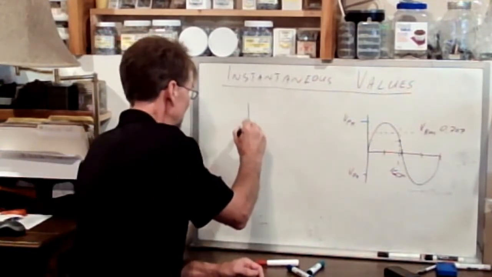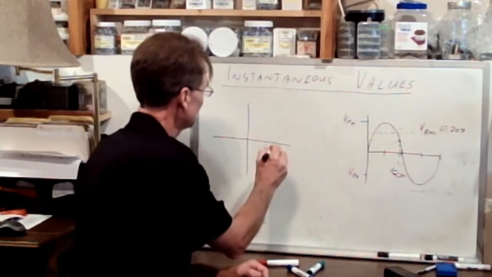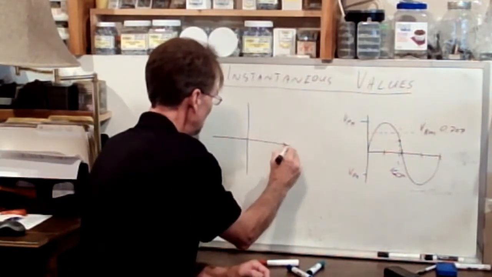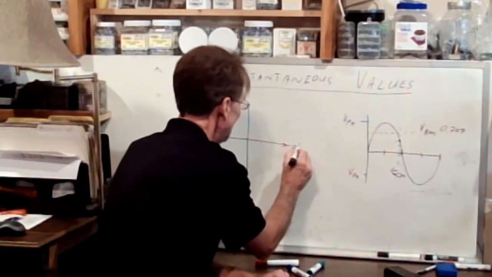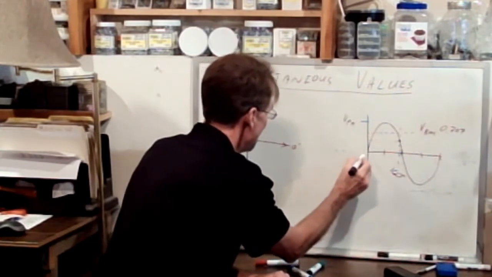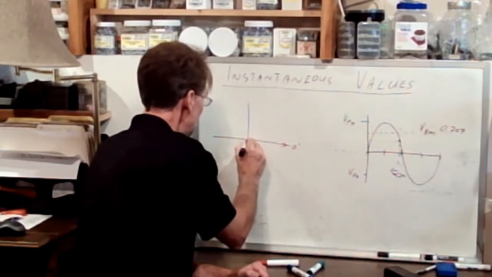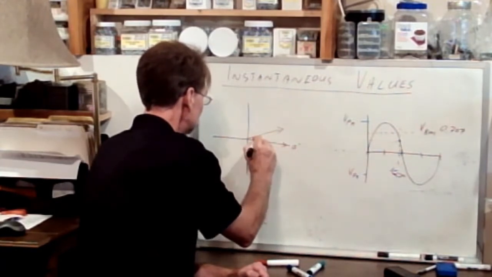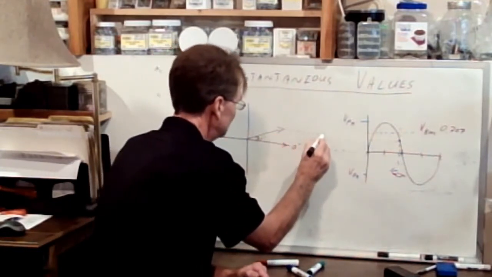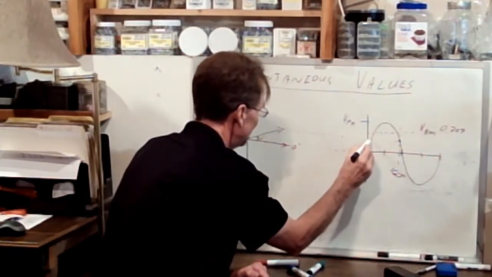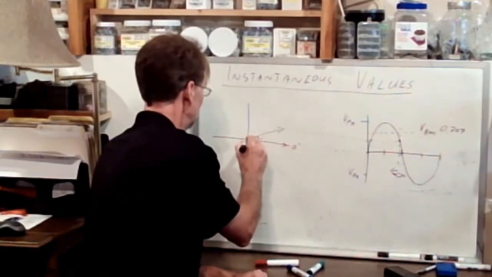So let's back up a step. At a vector at 0 degrees, we have 0 volts. When my vector rotates to 30 degrees, it corresponds with a point on that sine wave.